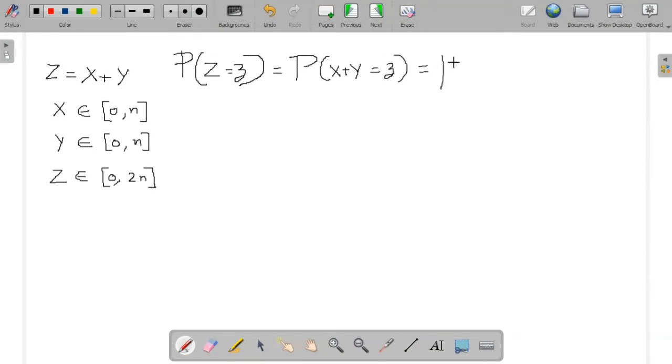From here we can write this probability is equal to the probability that capital X is equal to small z minus y.